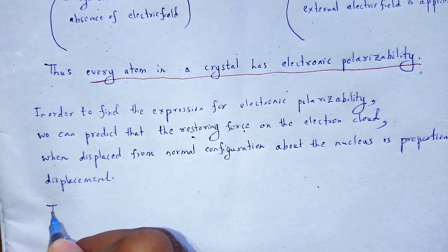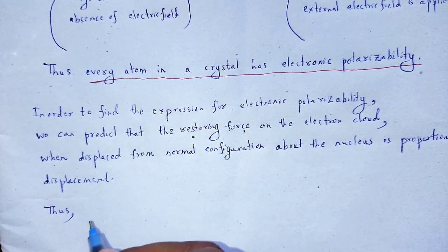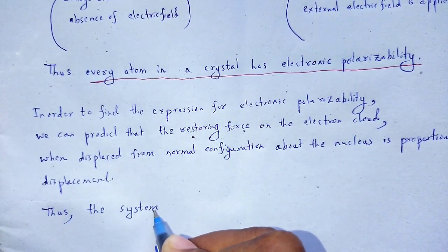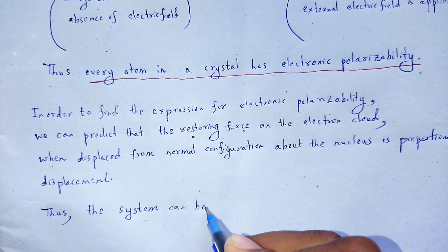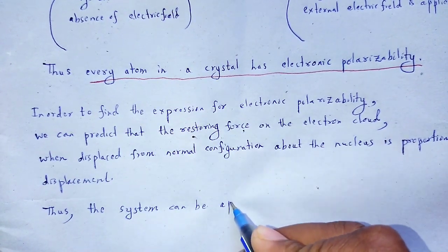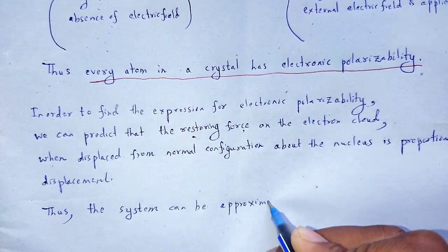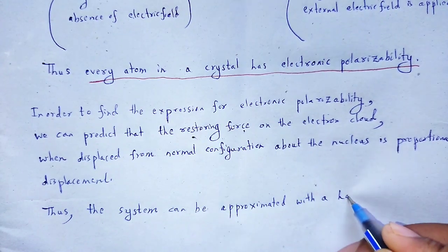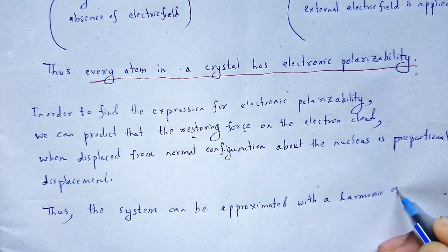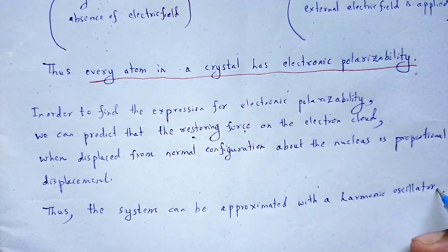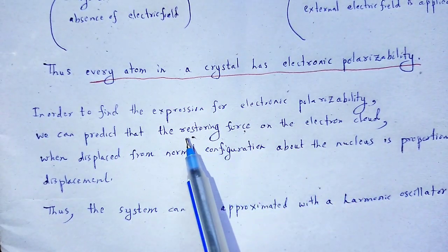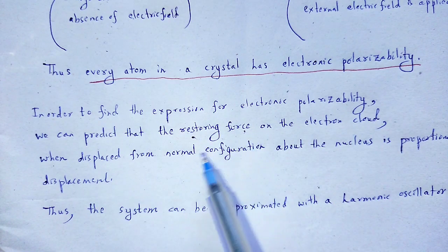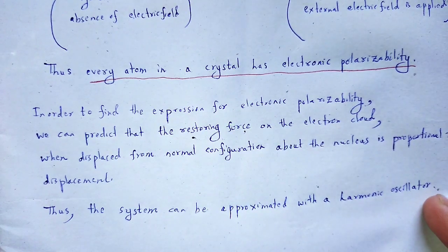Thus, the system can be approximated with a harmonic oscillator. Since the restoring force on the electron cloud is proportional to the displacement, it is very similar to a harmonic oscillator.